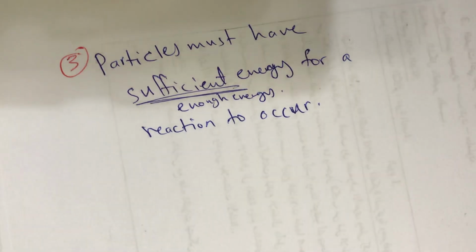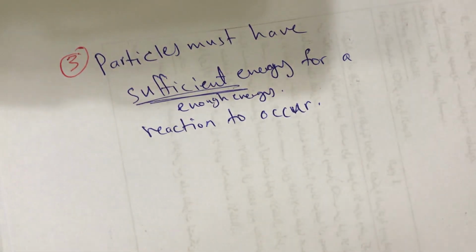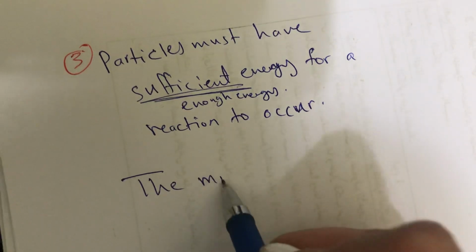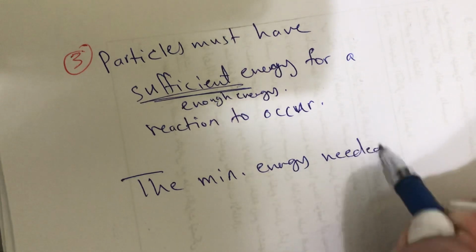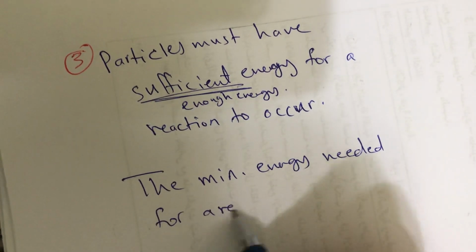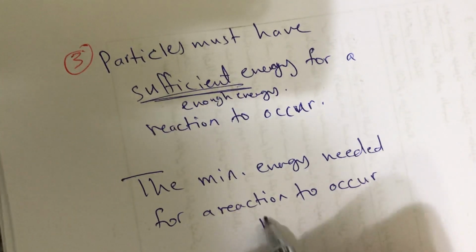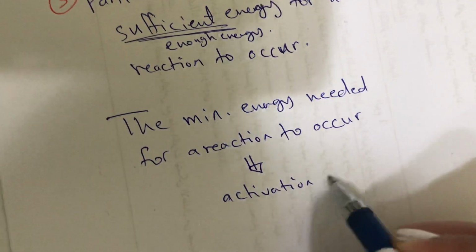Particles must collide, and the energy produced by the collision must be enough for a reaction to occur. The minimum energy needed for a reaction to occur is called activation energy.